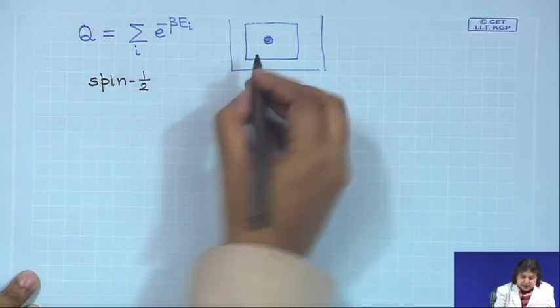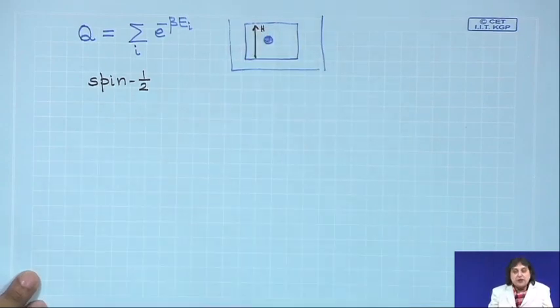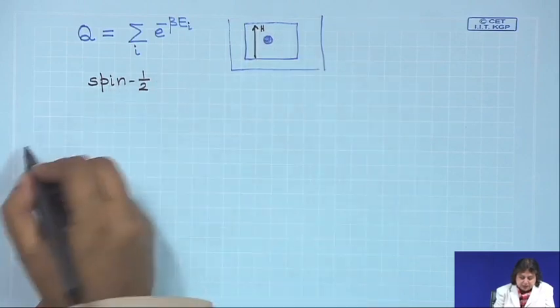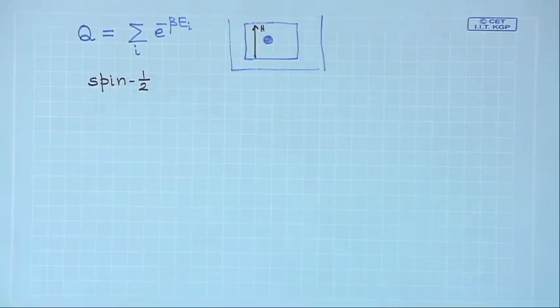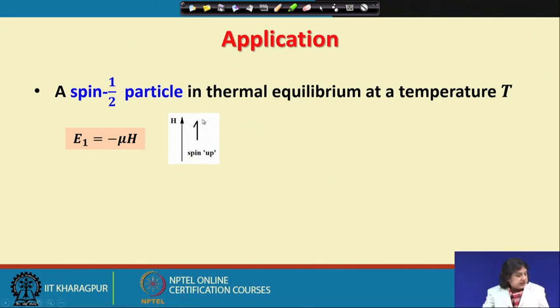I assume that there is some magnetic field H embedded inside the system. If the magnetic moment associated with this spin half is mu, then from the solution of the Schrodinger equation for the isolated system, the allowed energy eigenstates for this spin half particle are: the first one, the spin up microstate, having an energy minus mu h, and the second one having energy plus mu h with a spin down, that means the spin is oriented antiparallel to the direction of the applied field.